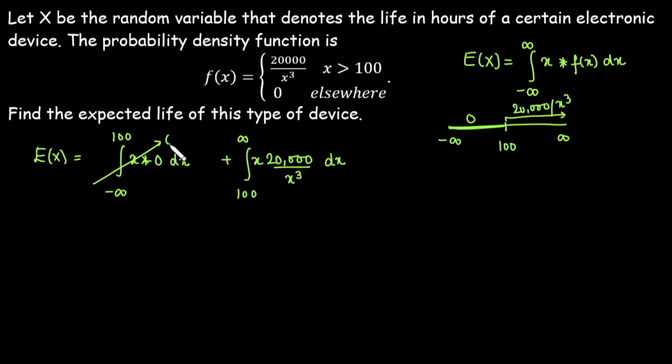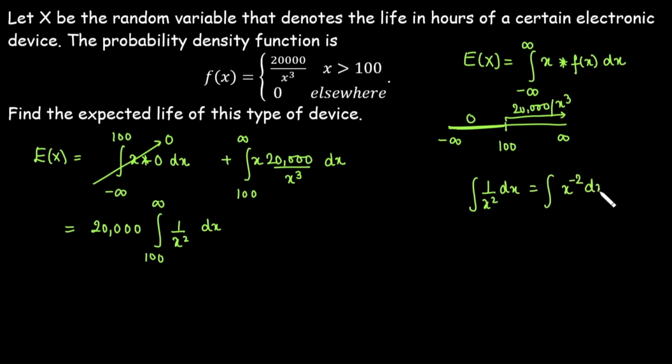Integration of 0 is 0. We just need to calculate this integration. We can take 20,000 outside because it is a constant. Integration of x upon x cube becomes 1 upon x square, limit from 100 to infinity. Now what is the integration of 1 by x square? This can also be written as integration of x raised to power minus 2 dx.